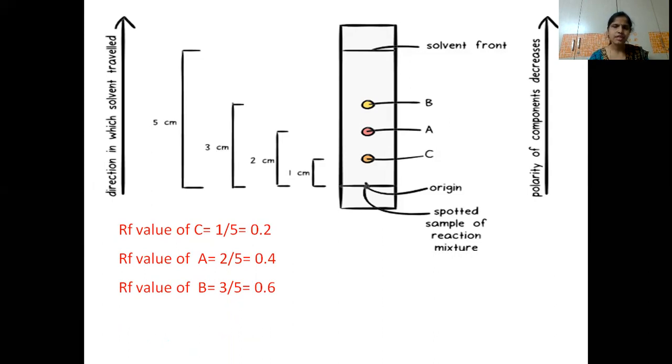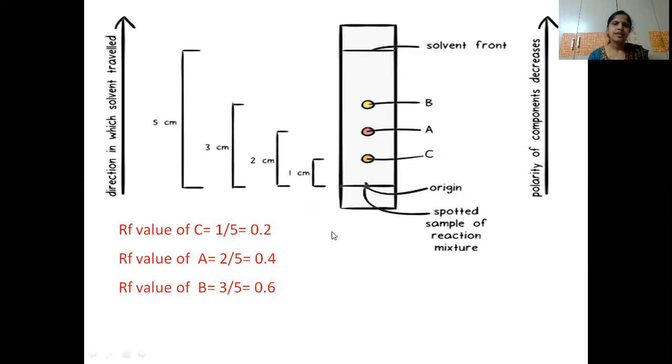The distance traveled by component C is 1 centimeter, so it will be 1 divided by 5, 5 being the distance traveled by the solvent front. So 1 by 5 comes to 0.2.